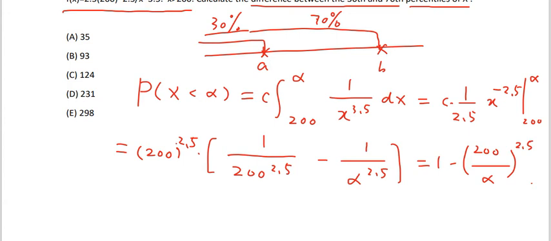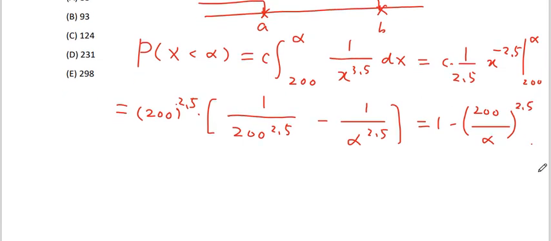So we want to find alpha such that this number equals 0.3 or 0.7. For a, this is 0.3, which means this part is 0.7, right?